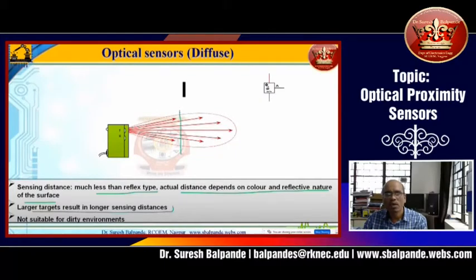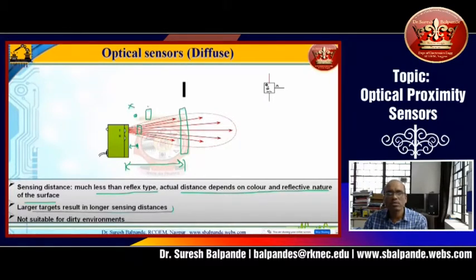If you have a very large target, then definitely your sensing distance will be more. If your target is very small, it should be very close, then only it is possible to detect it. And sometimes very small objects may not be detected.